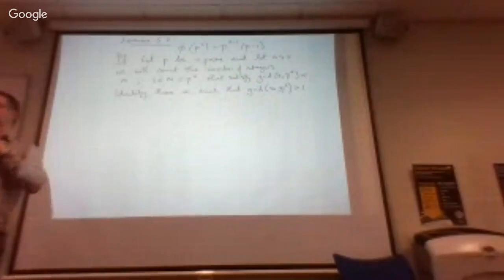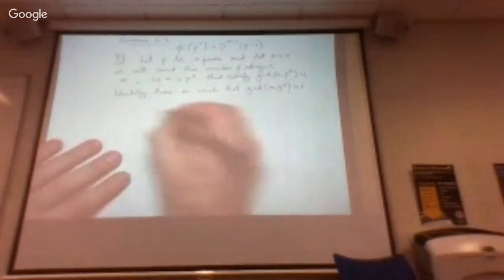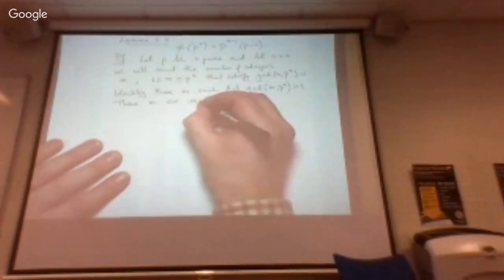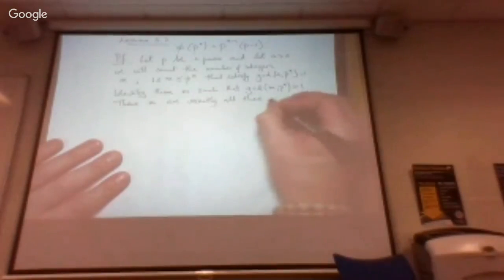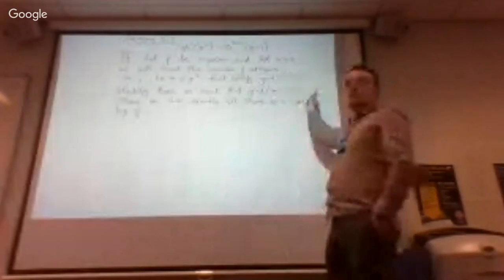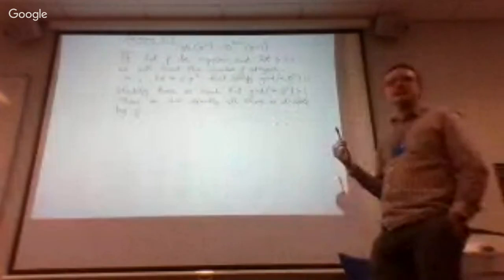So what are those numbers? These n are exactly all those n divisible by p. You see, how can you have a greatest common divisor of n with p to the a which is bigger than 1? It means you have to share a non-trivial factor with p to the a.